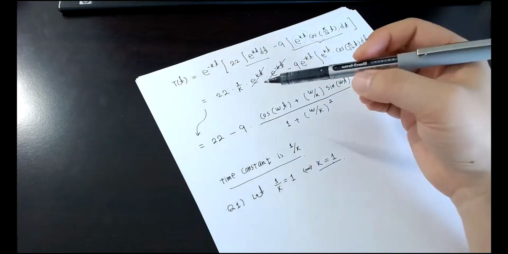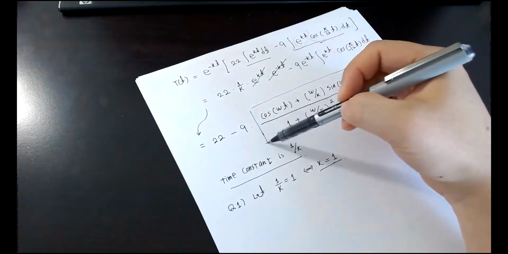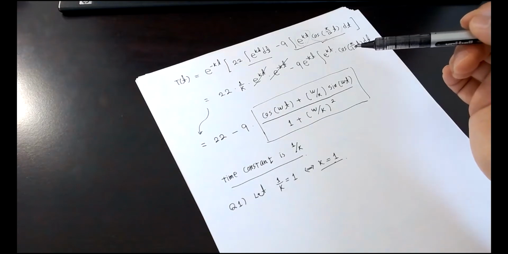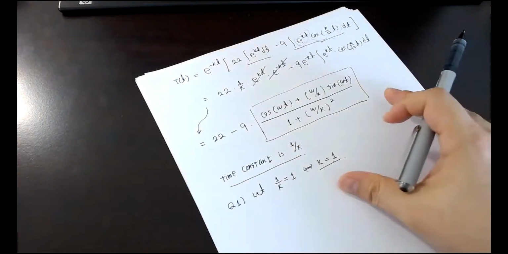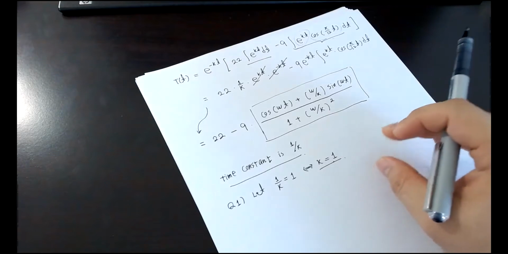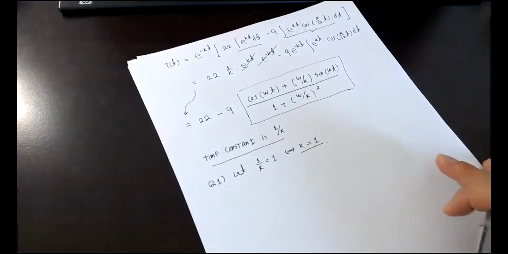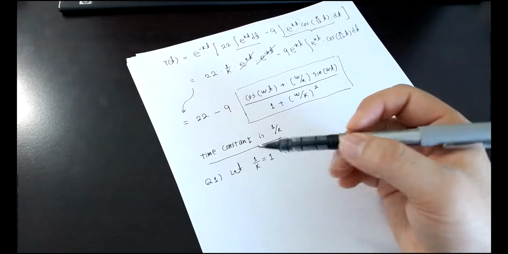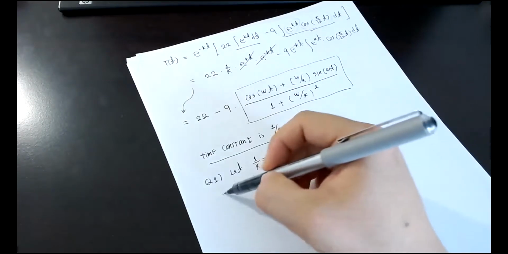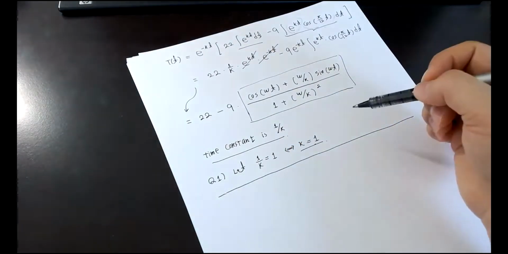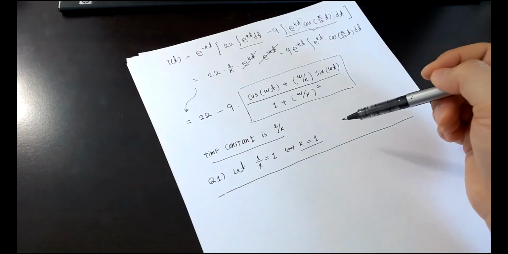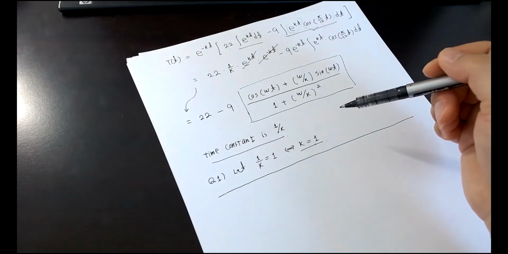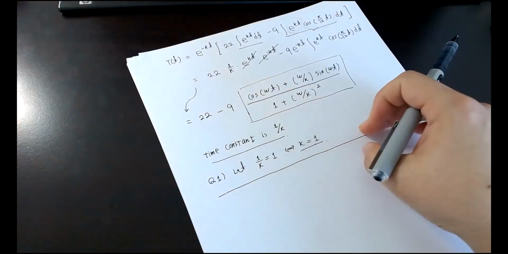But I suggest that we rewrite this as an amplitude times a wave function involving a phase. The goal is to rewrite this as just one single wave function, cosine or sine, meaning some amplitude times a cosine or sine function.